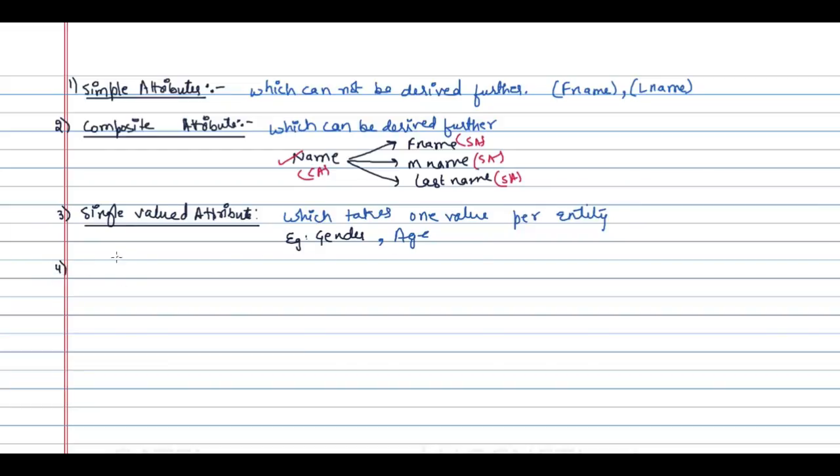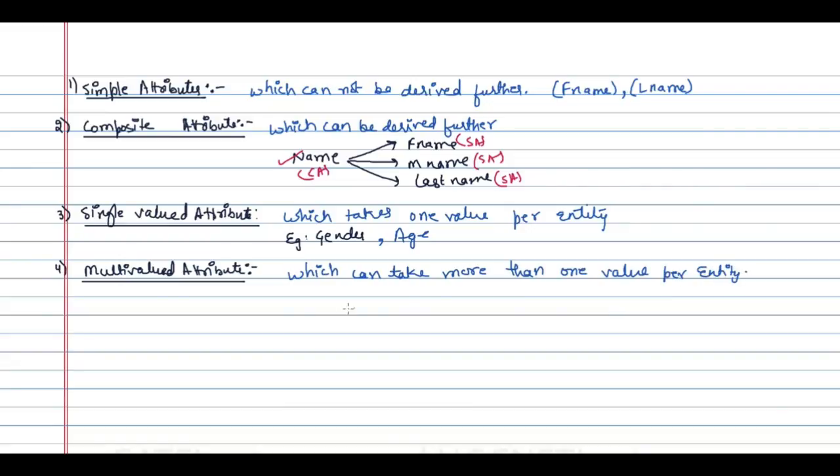Next, there is the multi-valued attribute. Multi-valued attributes are the attributes which can take more than one value per entity.